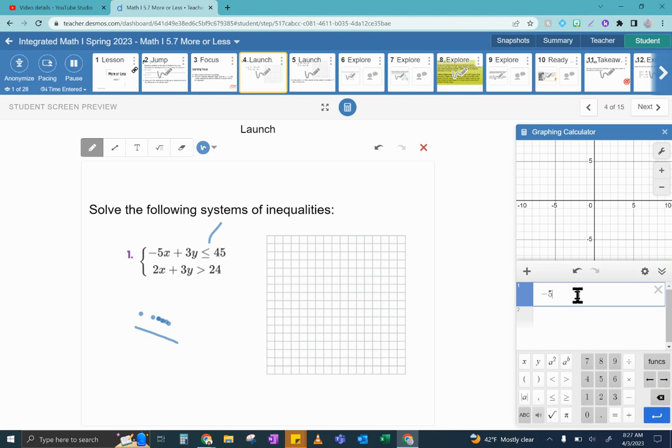For example, negative 5x plus 3y is less than or equal to 45. You literally type less than and then the equal to, and it turns into that. Now, let's go over here and erase our equal to. What just happened? I'll put the equal to back. I'll erase it. What's the only thing that changed?